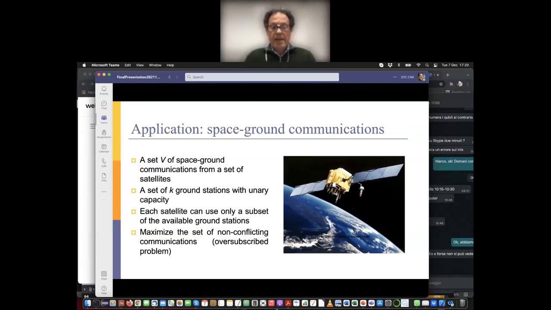Each satellite can use only a subset of the available ground stations. And the problem is to match communications to ground stations in order to remove all the conflicts, or at least maximize the number of non-conflicting communications.